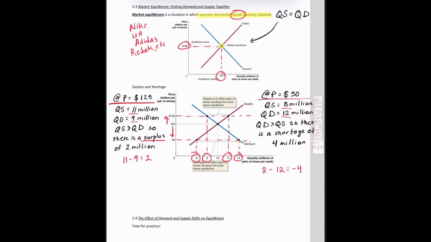So when prices are higher than market equilibrium, what will happen? What will happen is sellers compete and drive prices down. And what happens if prices are lower than market equilibrium?